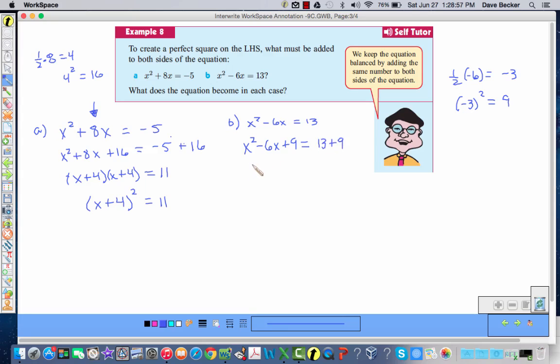I have x minus 3, the quantity squared. You know the sign because it's going to be the same sign as this or whatever your result is here. Or you can just use common algebraic sense when you figure that out. So that is going to be 22. Done.